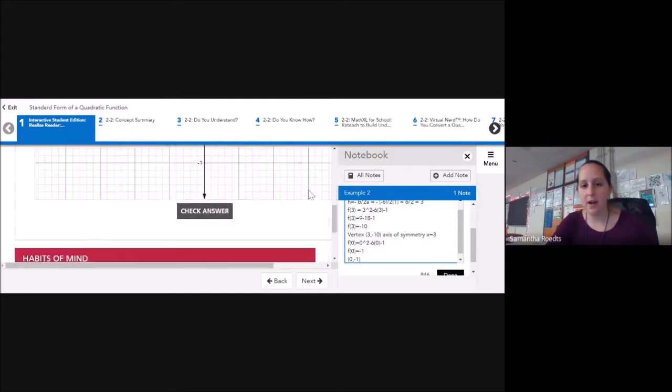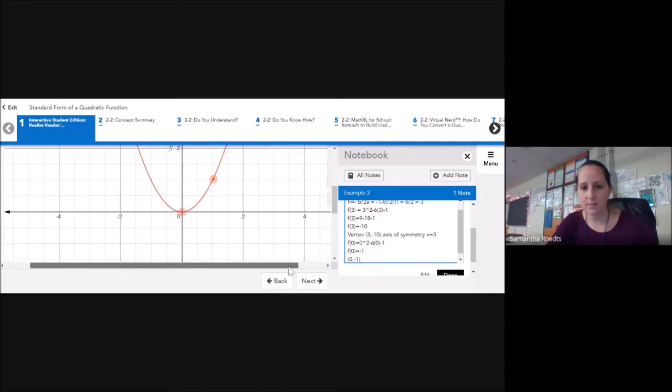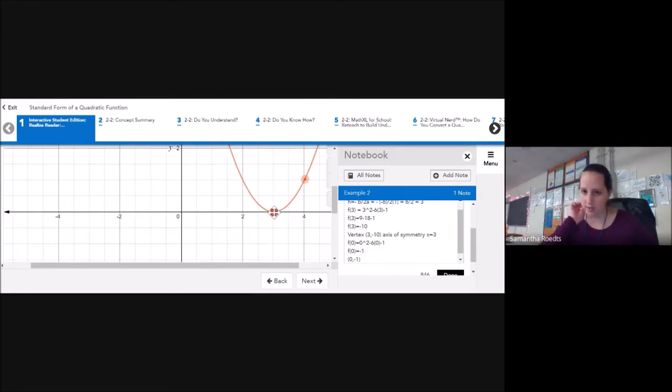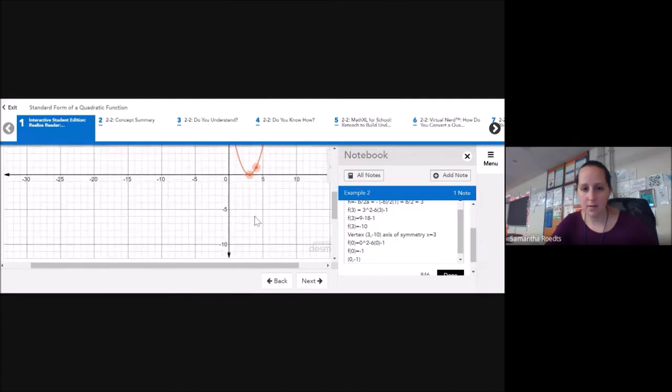So I can go ahead and start graphing this. Okay, so here's 3. Move it over here first. Okay, so that's where my axis of symmetry is. I know it's 10 units down. Okay, so I'm going to move it 10 units down. I know it passes through the point 0, -1.